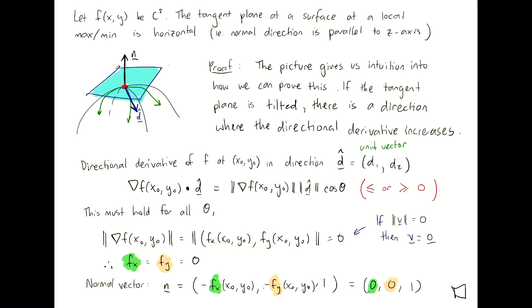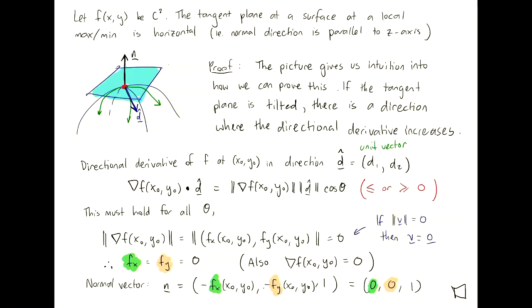And if the norm of grad f is 0, can someone tell me what grad f is? Anyone? 0, exactly. It's the only vector that grad f can be. Also, grad f of x naught, y naught is equal to 0. A very convenient result, and the one that we are going to use.